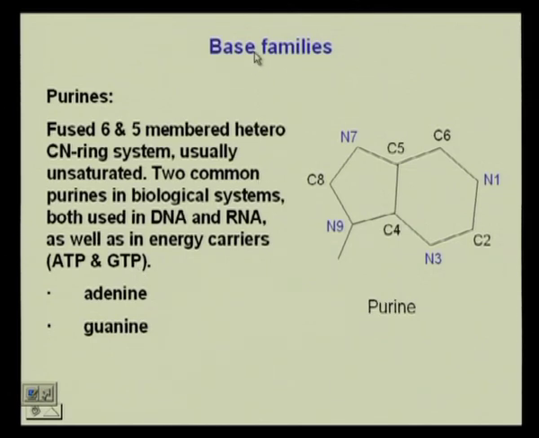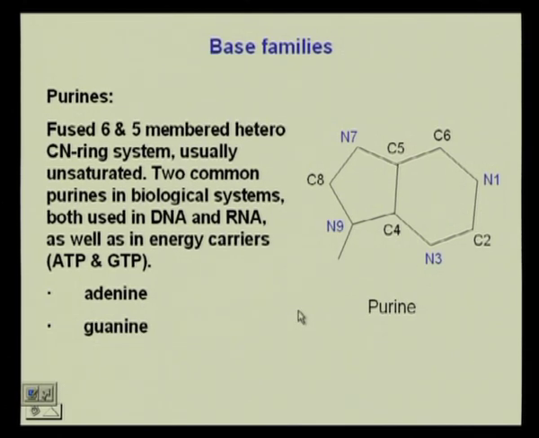So, what are these base families? We have the nitrogenous bases, purines. What are these purines? They are fused 6 and 5 membered rings, a hetero carbon nitrogen ring system, and the two commonly used ones in DNA and RNA are adenine and guanine.